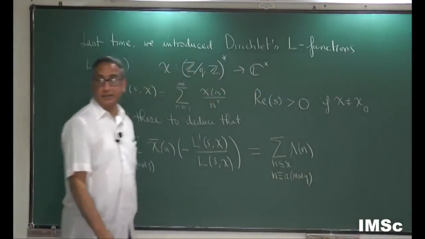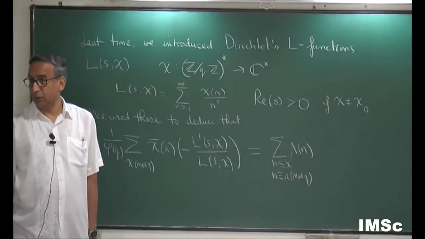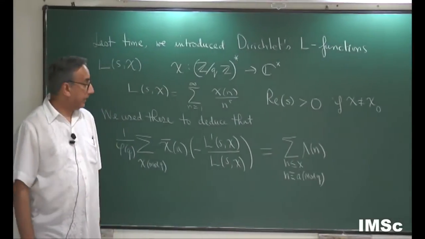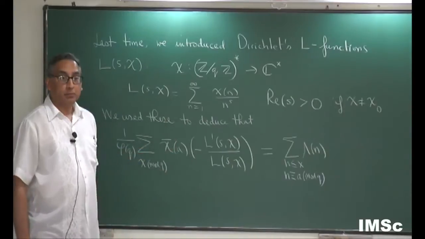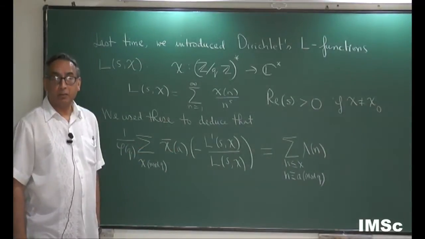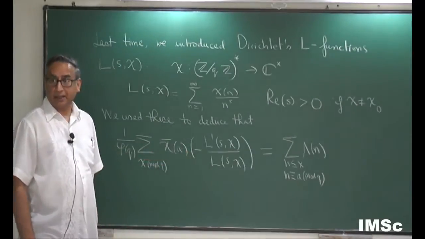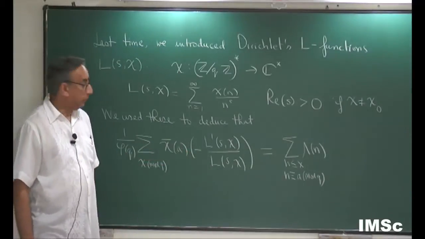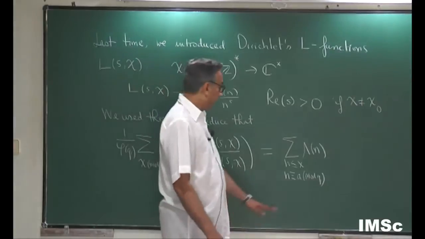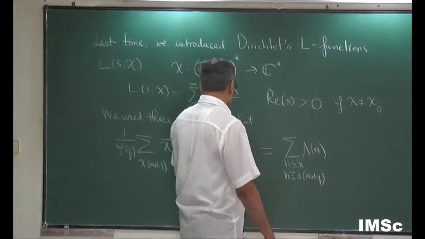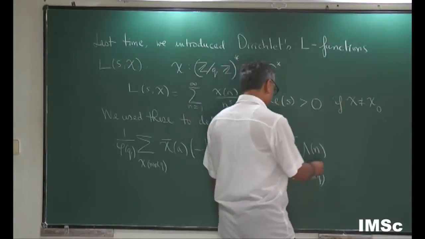This is what we got last time. So on the right hand side we have essentially primes in the progression A mod q. On the left hand side we have this concoction of analytic objects. We would like to deduce something about the behavior of this. Sorry, this is n to the s, thank you.